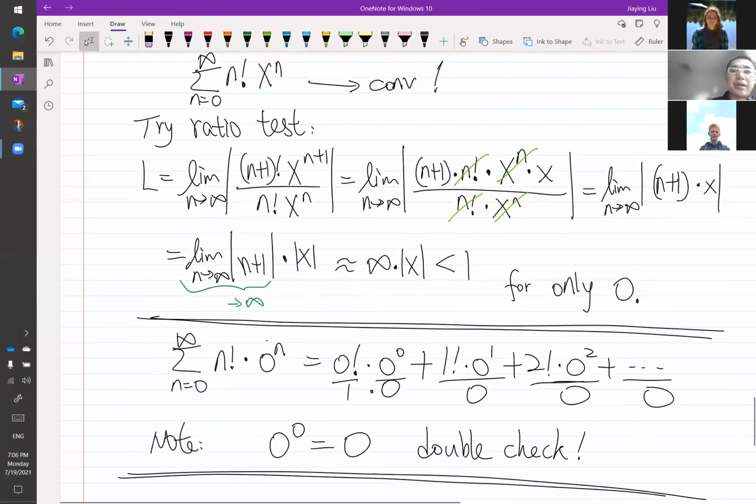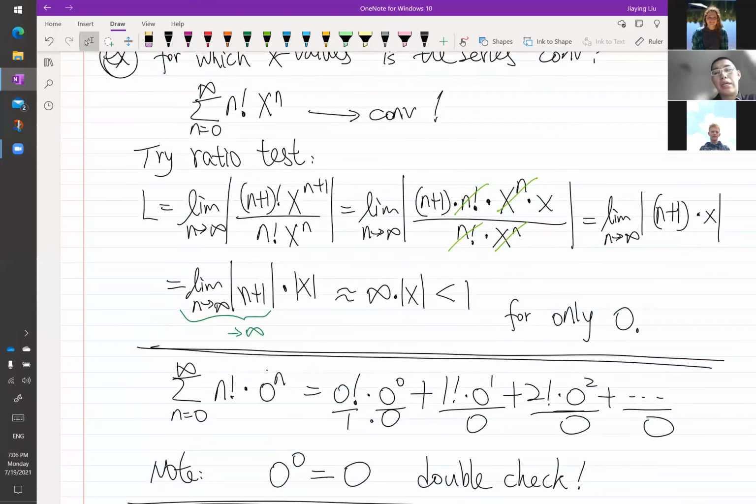So for the second example I gave you, the only value that makes the series convergent is x equals 0. That's the only one. Any other values for x won't make it convergent.